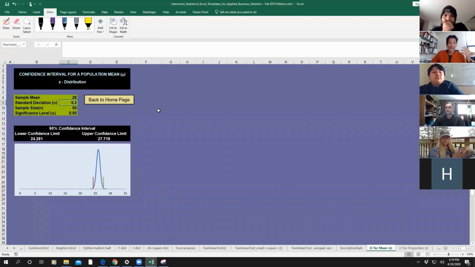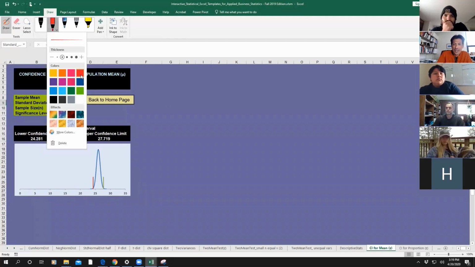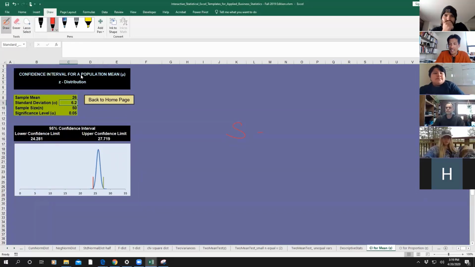So when the sample size is larger than 30, because we are using the central limit theorem, we are substituting S for sigma in here, so that we can use this template.